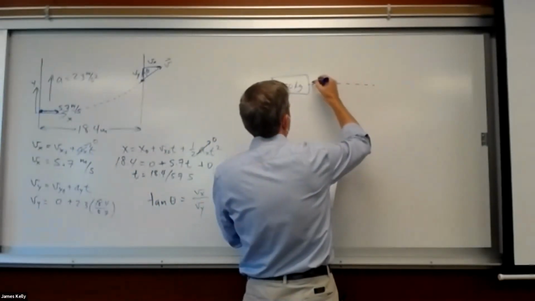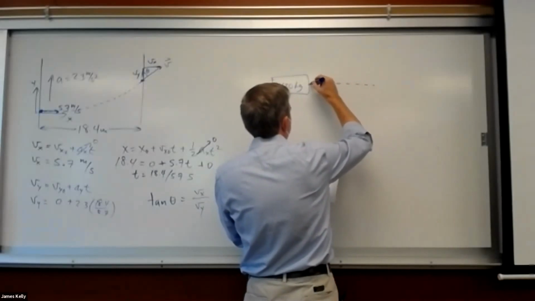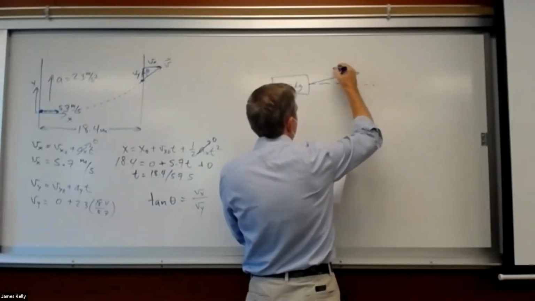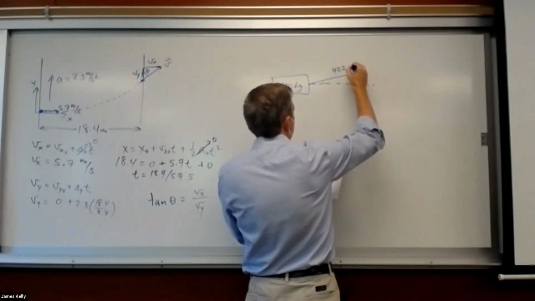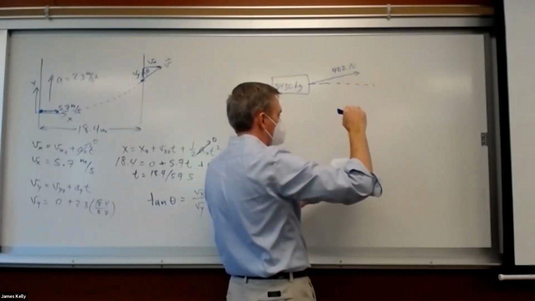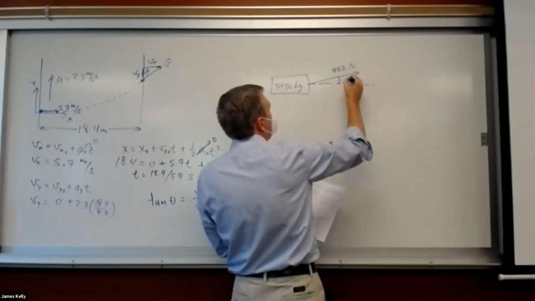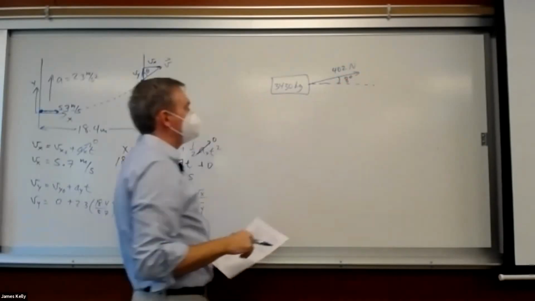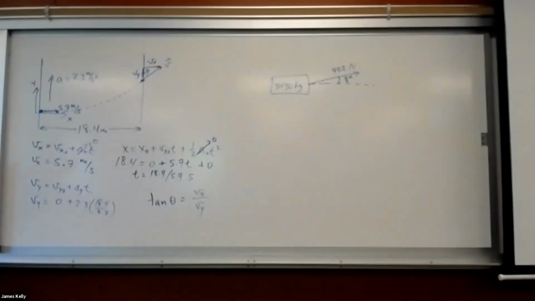There are two forces being applied to the car. 402 newtons, which is being applied at an 8-degree angle to the horizontal in the direction above the horizontal. It's not really horizontal because we're looking down at the car like this, but relative to that dashed line, it's above it in this projection.